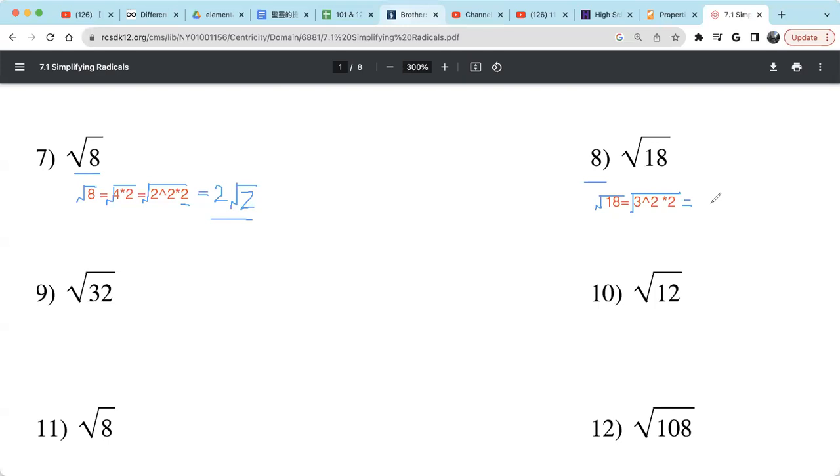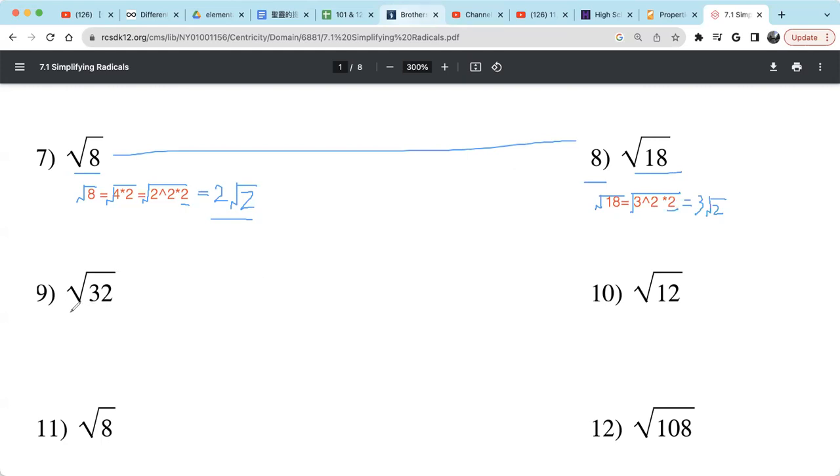Square and square root cancel each other. So the square root of 3 squared, we just get 3. But it will still have radical 2 there, right? Because this 2 stays inside the radical sign. All right. So square root of 18 is 3 radical 2. Now we see the connections between square root of 8 and square root of 18, right? Because square root of 8 is 2 radical 2. Square root of 18 is 3 radical 2.